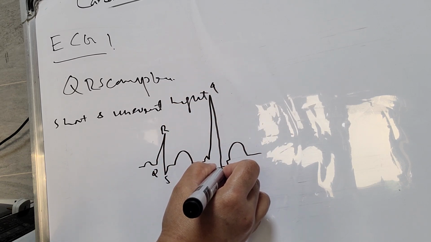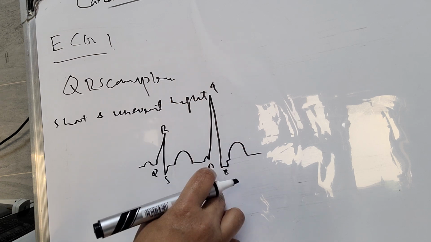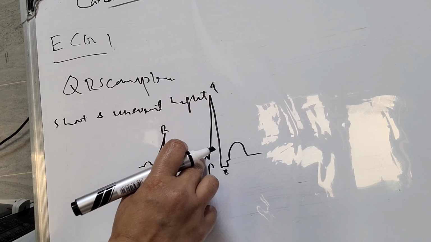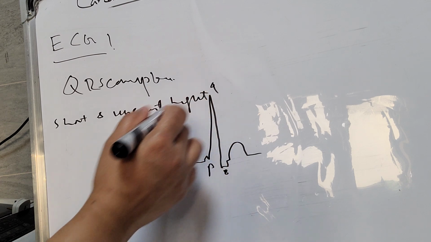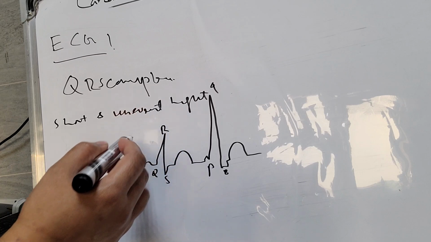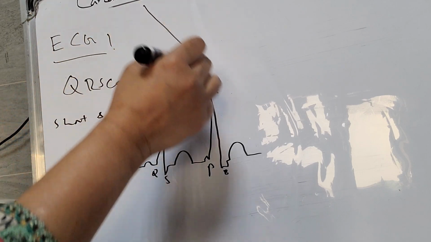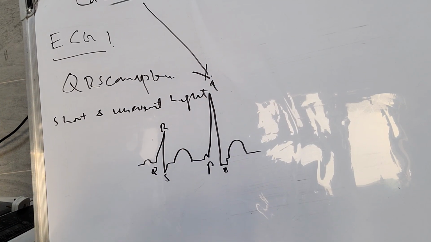So what will happen? See, suddenly it goes up. Before it is short, then after some time uneven height. So if the ECG shows like this, they can give you the picture also in the exam. So this is cardiac tamponade. This ECG is showing the patient has cardiac tamponade.